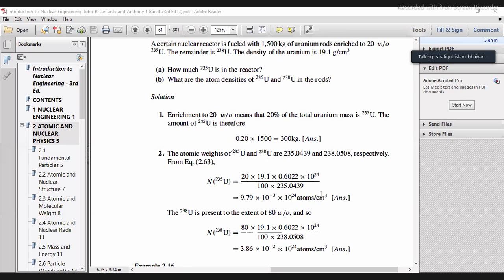When we consider zirconium hydride, I'm coming to this next. And then we have erbium-166 and erbium-167. So zirconium is there, hydrogen is there, and erbium-166 and erbium-167. Why it has been made like this, we will discuss. It's a very interesting physics of the nuclear reactor.